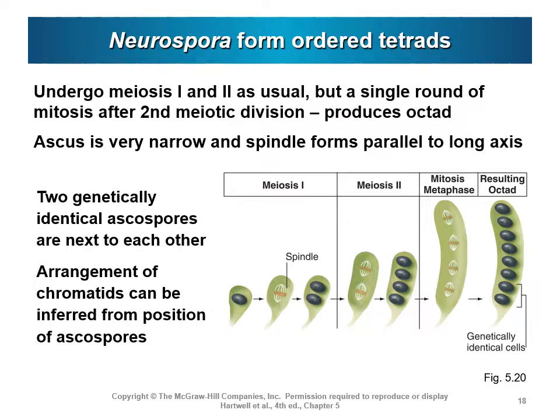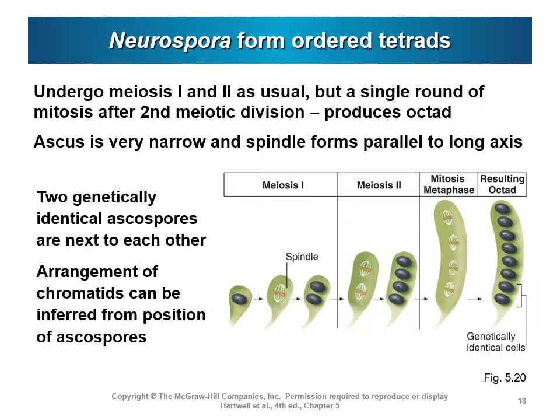At the beginning of the lecture, we talked about Neurospora and how it creates 8 haploid cells, and so it undergoes meiosis 1 and then 2 as usual, but a single round of mitosis occurs after the second meiotic division.